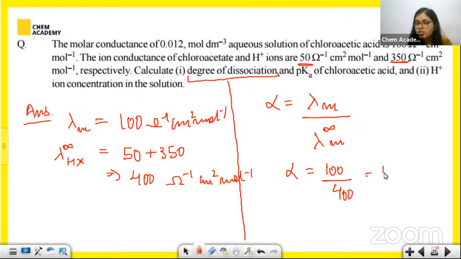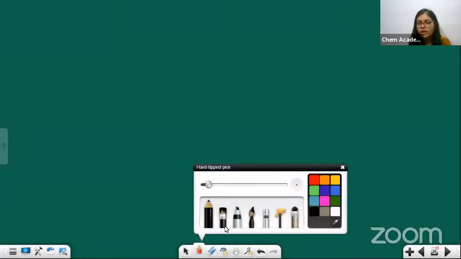So actually it will be 1/4 or 0.25. So that is how we have calculated the first part, the degree of dissociation. Now we have to calculate the pKa of chloroacetic acid. So how will we do that? So first of all, we will have to write the reaction for it.